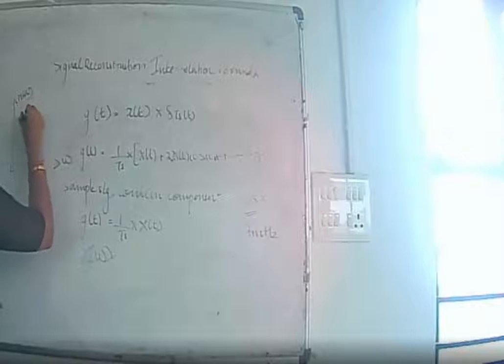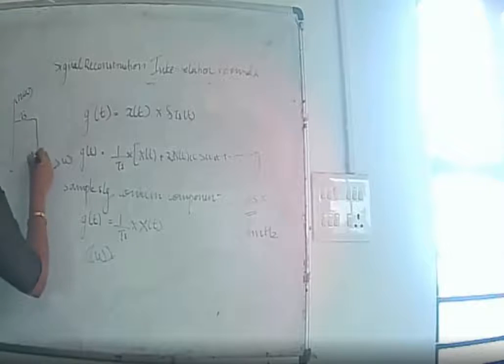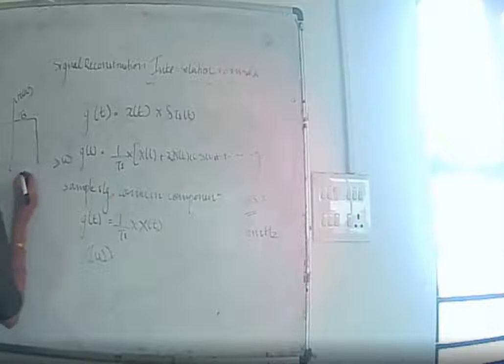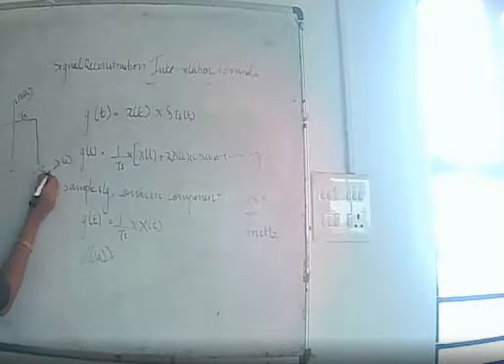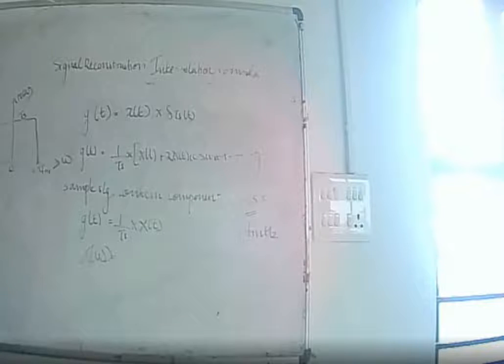This reconstruction filter transfer function we can represent like this: 2 pi fm, minus 2 pi fm. Is this clear?